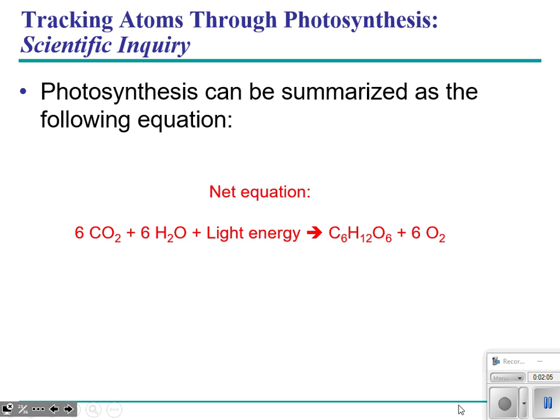The products are what are on the right of that equation. So the products for photosynthesis are glucose, C6H12O6, and oxygen. So what is needed, what is produced, is told right here with our equation.